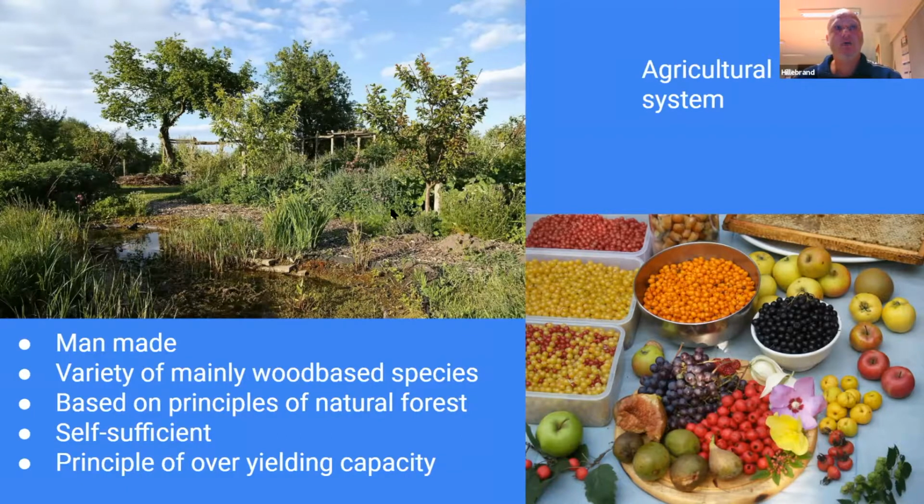Now over here you see a great picture of how a food forest can be, and a food forest has, as I learned, 9 different layers. In the picture you see the water. That is the first layer. In the water you have the water plants, and the second layer is actually your soil plants.